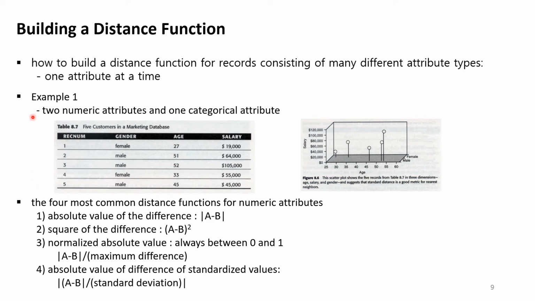Let's take a look at this example. It has 5 data and 3 attributes: gender, age, and salary. Gender is a categorical attribute, and age and salary are numeric attributes. So it has 2 numeric attributes and 1 categorical attribute.